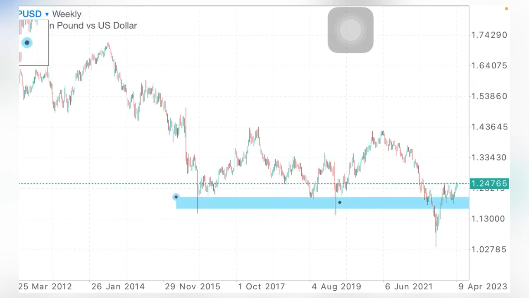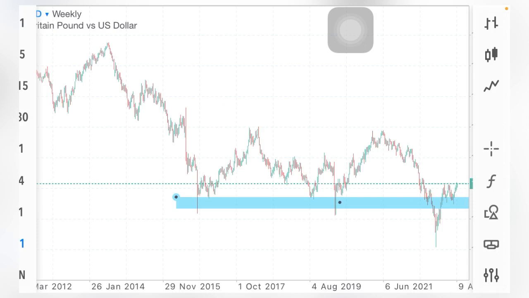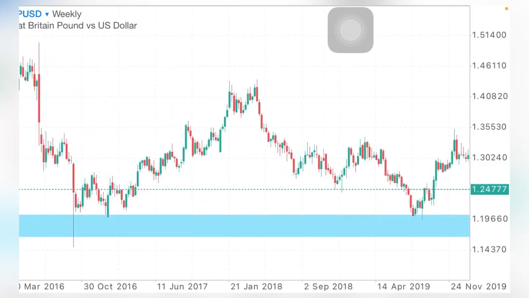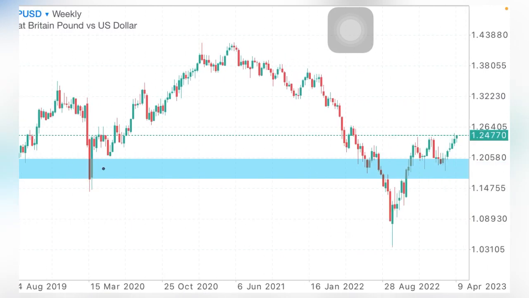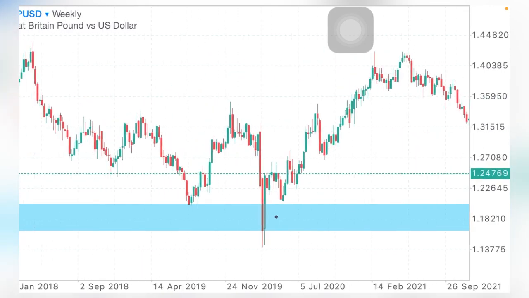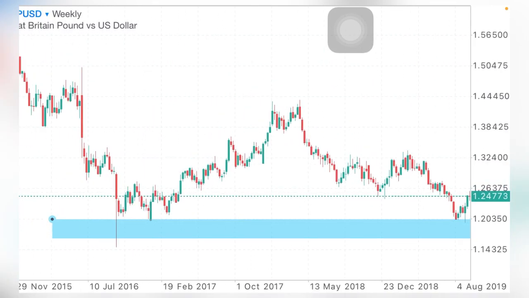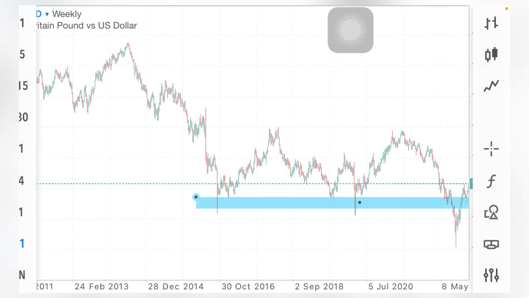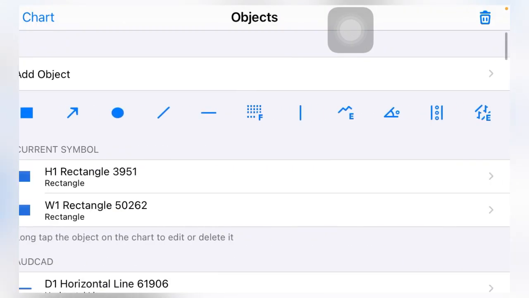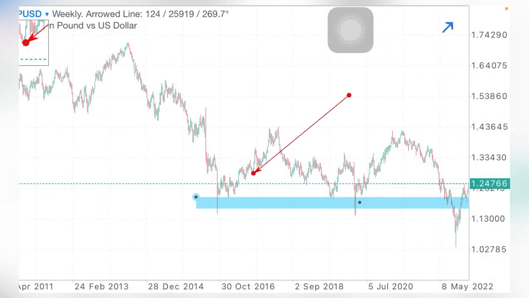Just take that box and drag it over your chart. Now you can see your support is a zone. That is why you need to use a rectangle tool. Now let me get a tool that will show you what I mean by a zone.